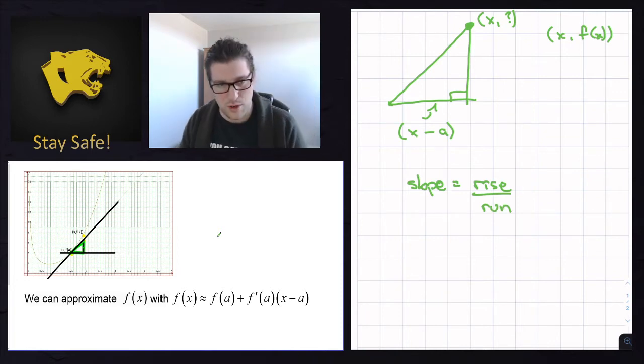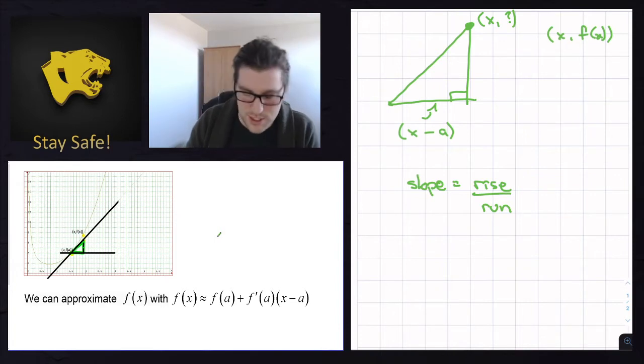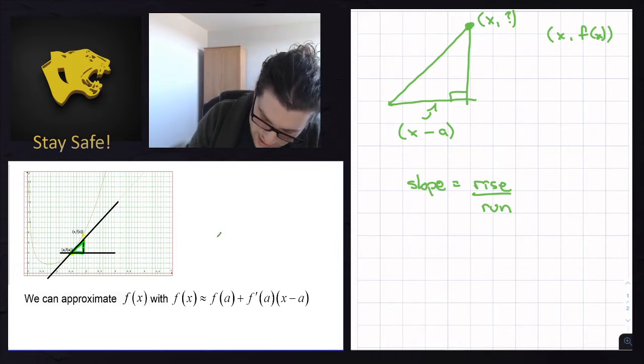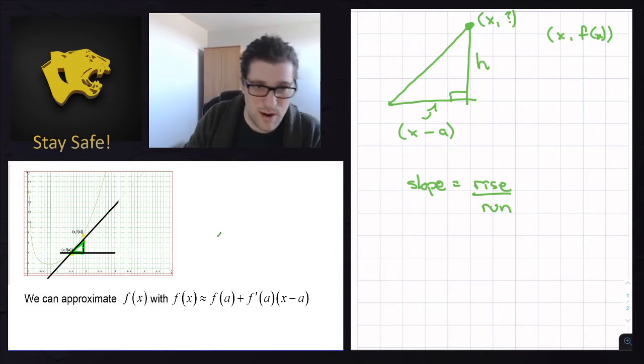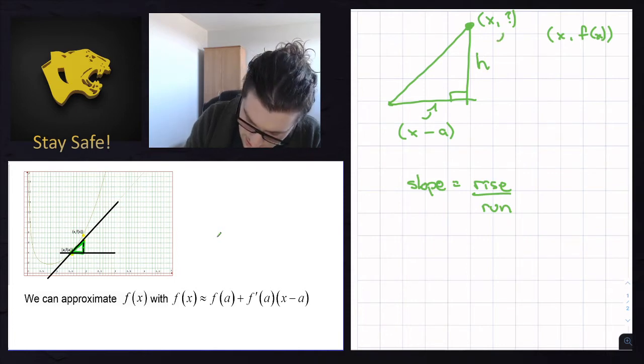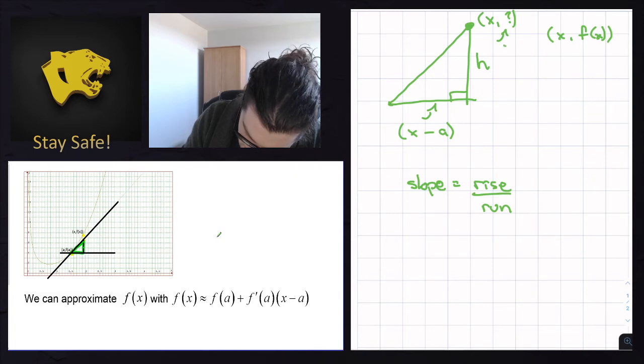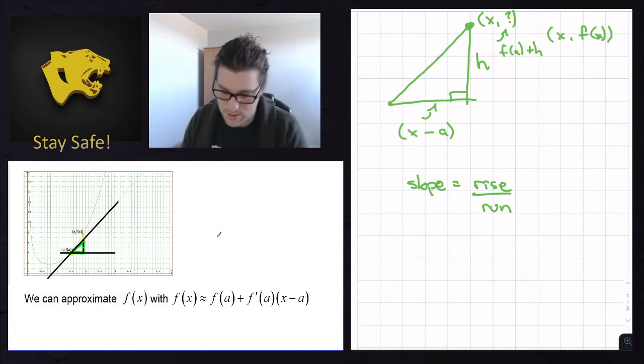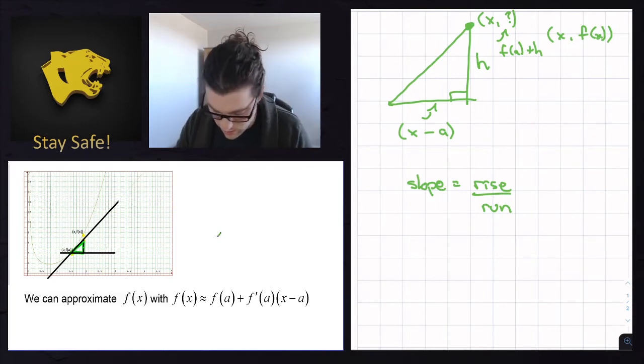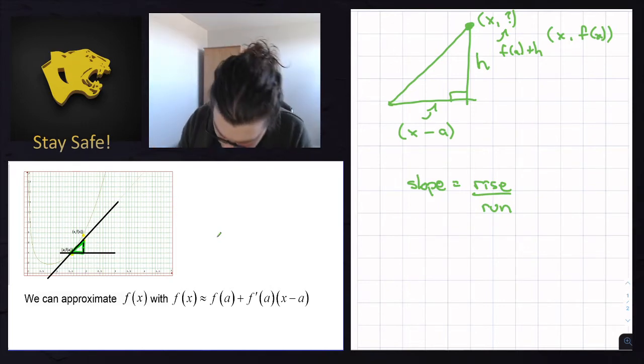I labeled that with a question mark, but I'm going to relabel it with an h to represent height for the time being. So that would be at f of a plus h. It's just up in the air a little bit, so I'm going to call it h for the time being.